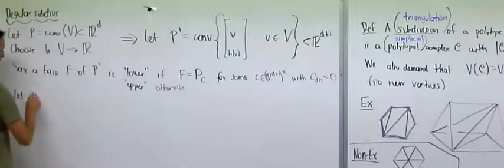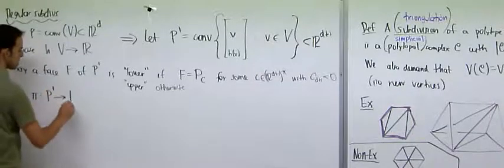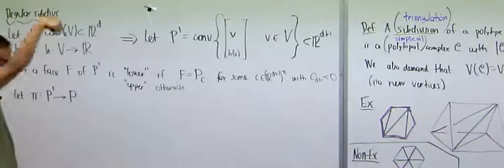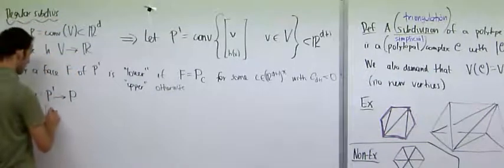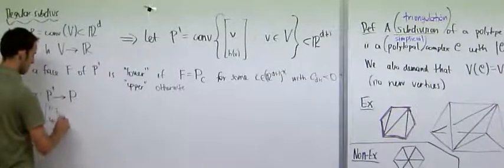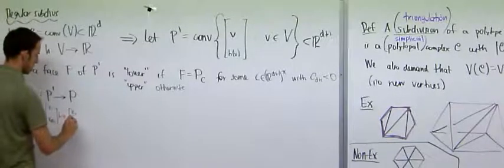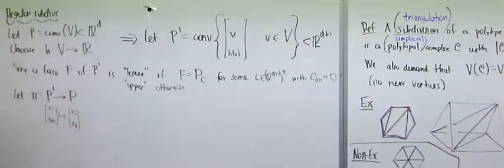Now let's consider the projection pi from P prime to P that just forgets the last coordinate. Right? So it takes x1 up to x_{d+1} and sends it to x1 up to x_d.